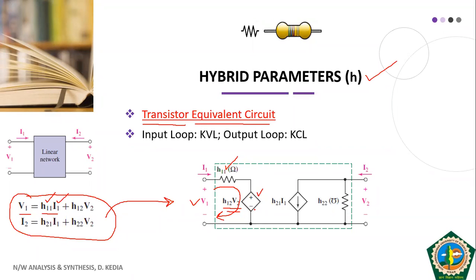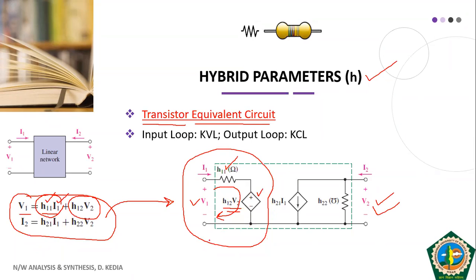It means this is a dependent voltage source, dependent on the output voltage V2. Okay, so this is the representation of your equation number 1. Since V1 is a voltage, both of these are also voltages. So V1 is equal to H11 times the current I1 passing through, plus this dependent voltage source whose value is H12 into V2. Okay, now this is your input part.